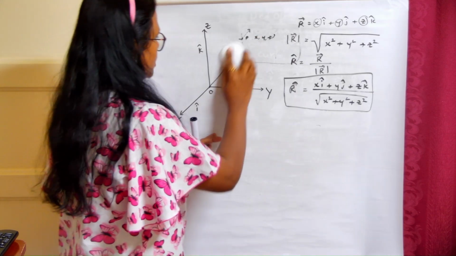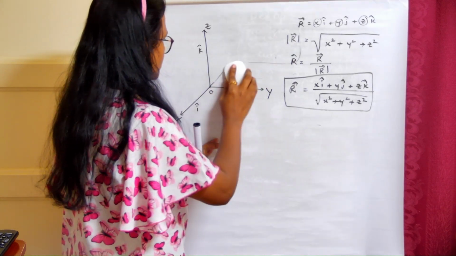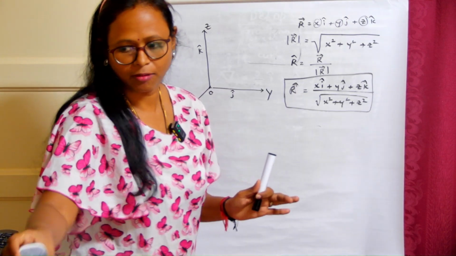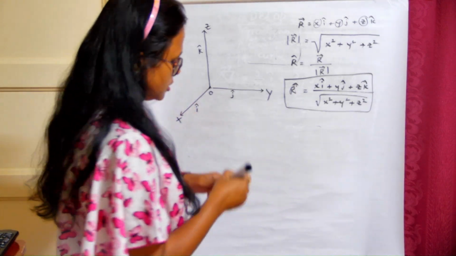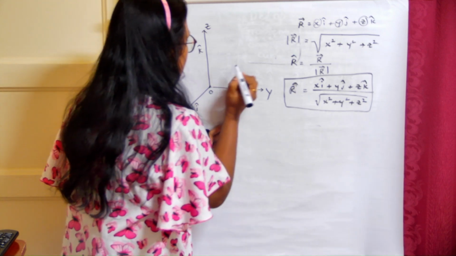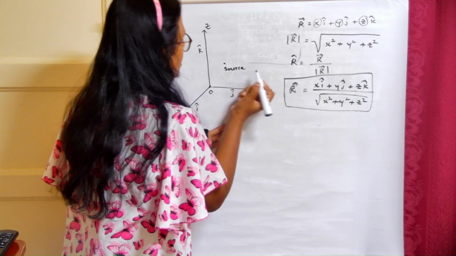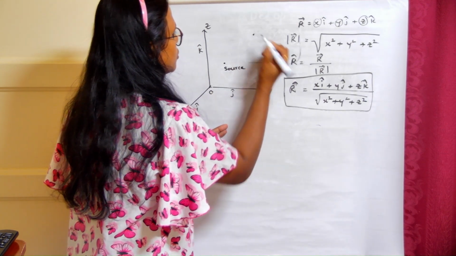very often in electrodynamics, when we discuss most of the topics in electrodynamics, we need to have two concepts. That is, one is source, another one is test point or field point.